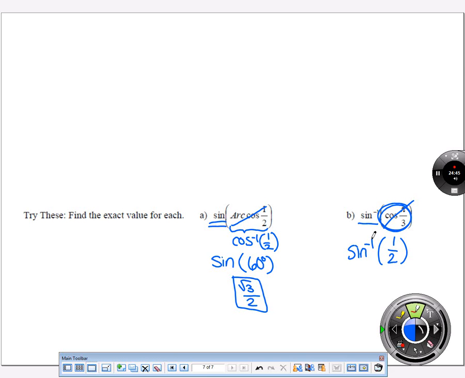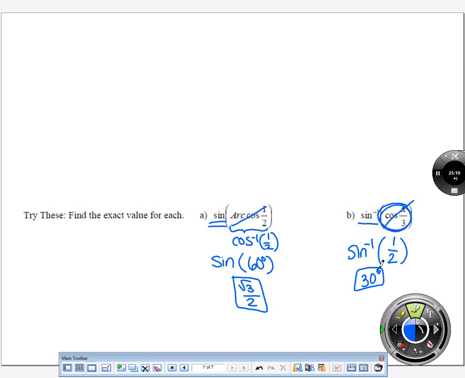So 1/2 either is associated with 30s or 60s. To decide which one, I look right here. It says the sine, or the y coordinate, is 1/2. Is it the 30s or the 60s whose y coordinate is equal to 1/2? The 30s. So the inverse sine of 1/2, or the angle that has a sine of 1/2, would be 30 degrees.